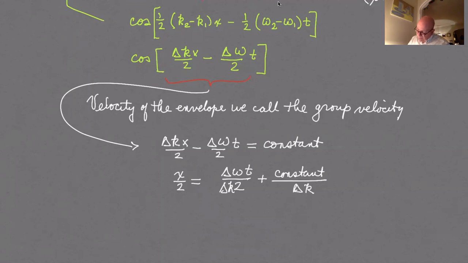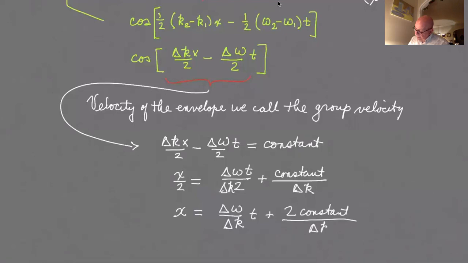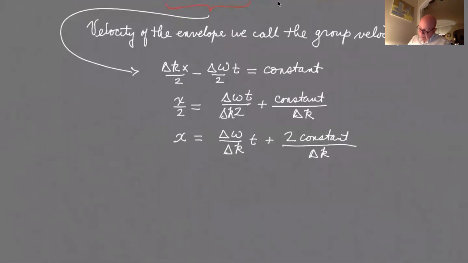I can multiply through by 2, so x is equal to delta omega over delta k times t plus 2 times a constant over delta k. And so now if we were to take the velocity of that envelope profile, that's not going to be omega over k.